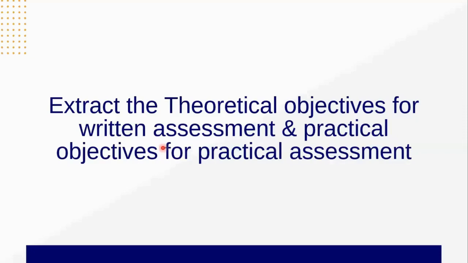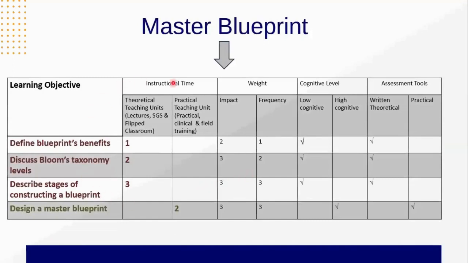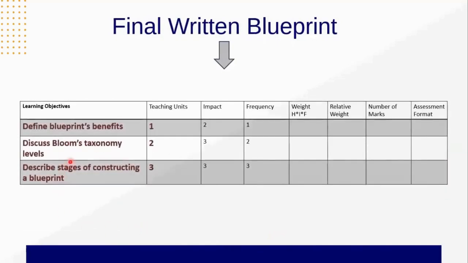or hours. First, we need to go back to our master blueprint to extract the theoretical objectives for written assessment and practical objectives for any practical assessment. If you remember, this is our master blueprint which we built in the last session, and now we are going to extract our learning objectives.